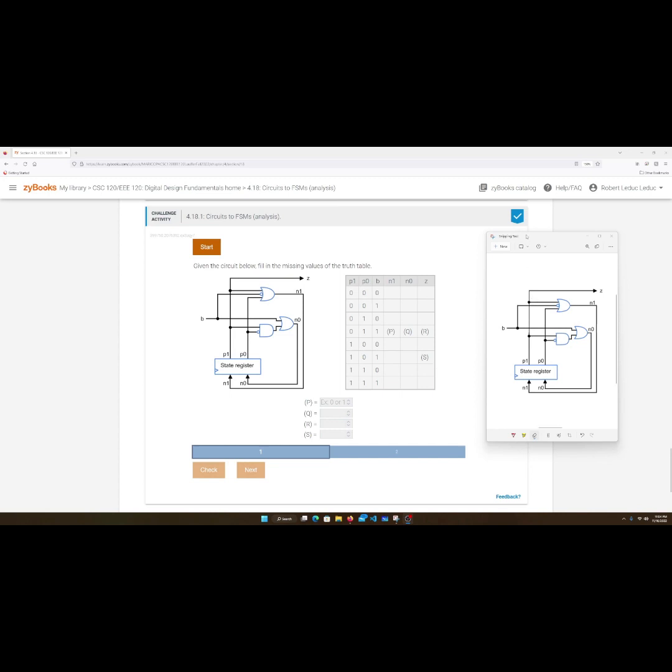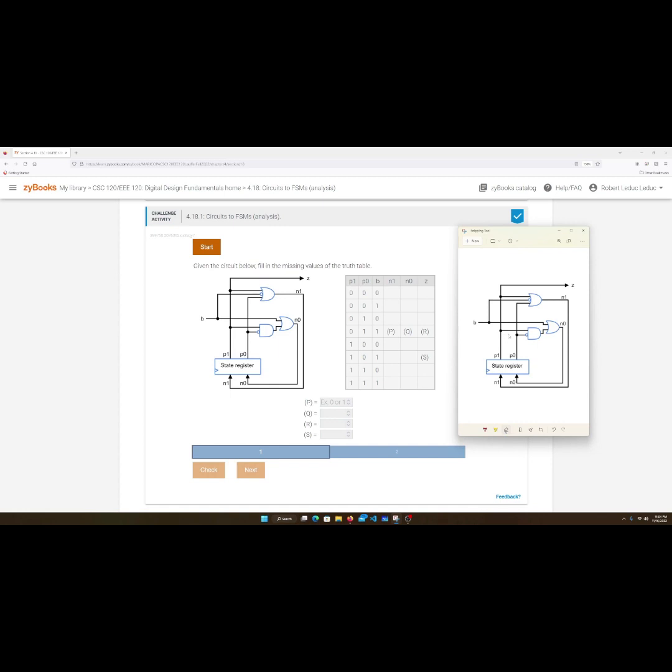To help you follow along, I've made a snip of the circuit over here so I can make some notes. The first one they ask us for is this value P, which corresponds to N1.